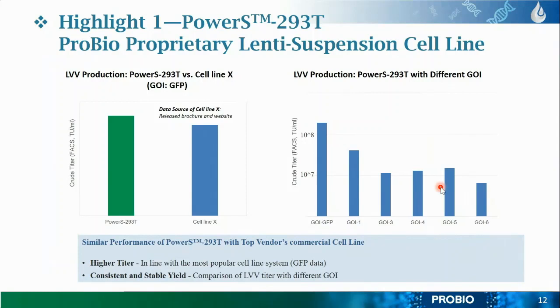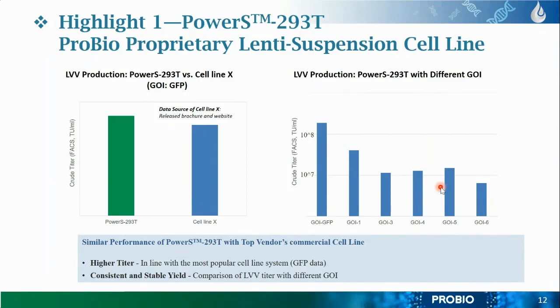And on the right-hand side, we did a few experiments with genes of interest, GOI 1, 2, 3, 4, 5, and 6. You can see that it's almost the same, with a higher crude titer, which is 10 to the power 7, 10 to the power 8.